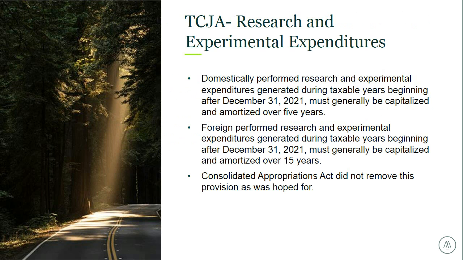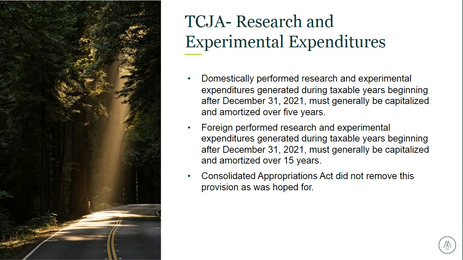So another item that I wanted to touch on is with respect to research and experimental expenditures. This actually comes from the Tax Cuts and Jobs Act that was written into legislation back in 2017. What it says is that R&E expenditures generated during taxable years, beginning with 2022, have to be capitalized and amortized.